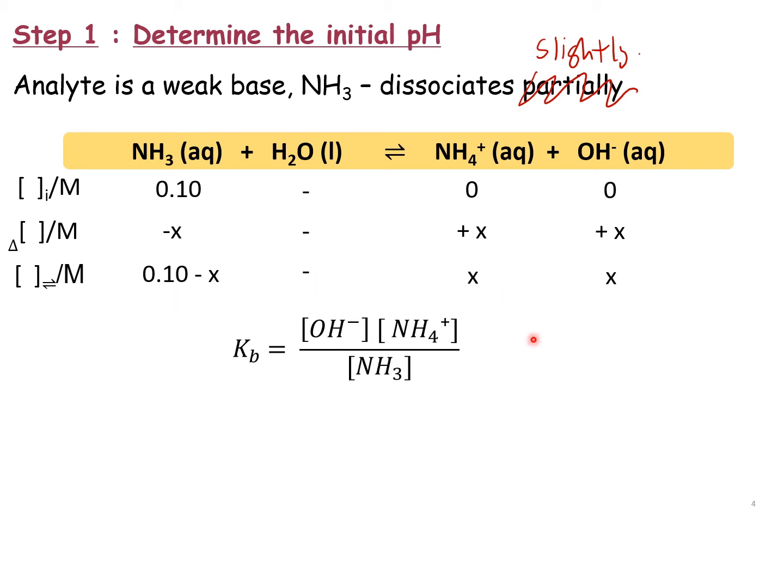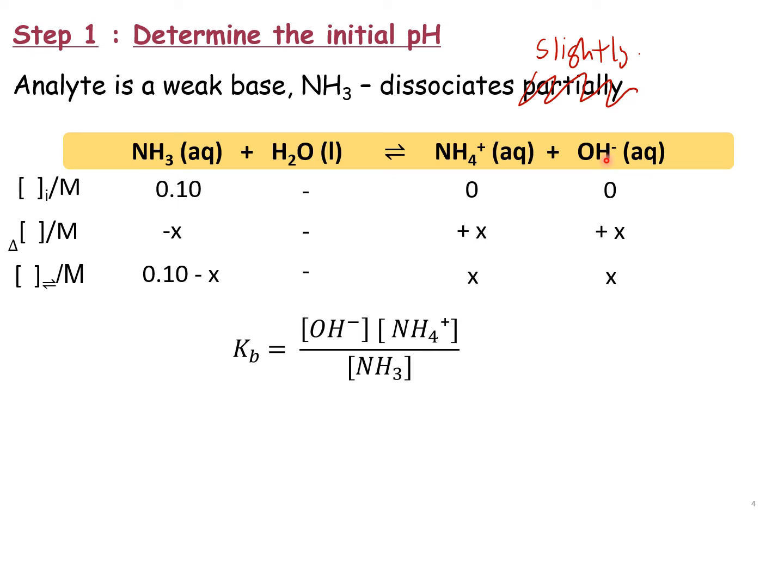After that, write down your Kb expression. Apa fungsi kita tulis Kb expression? We want to find the value of X. And if you can see here, pada equilibrium, kita ada concentration OH minus, kita tak ada H3O plus.